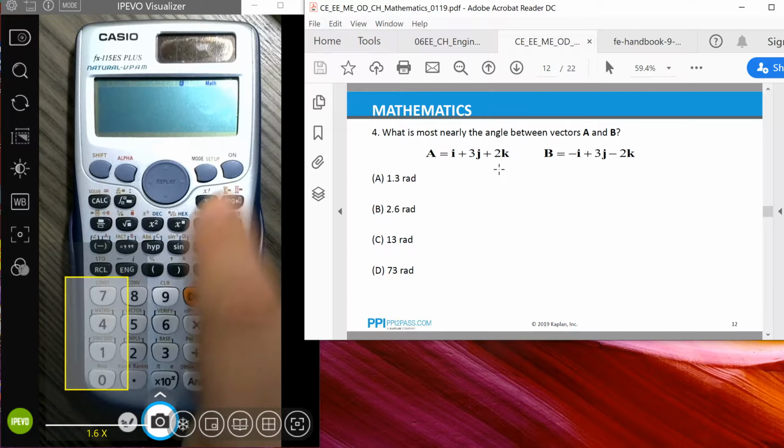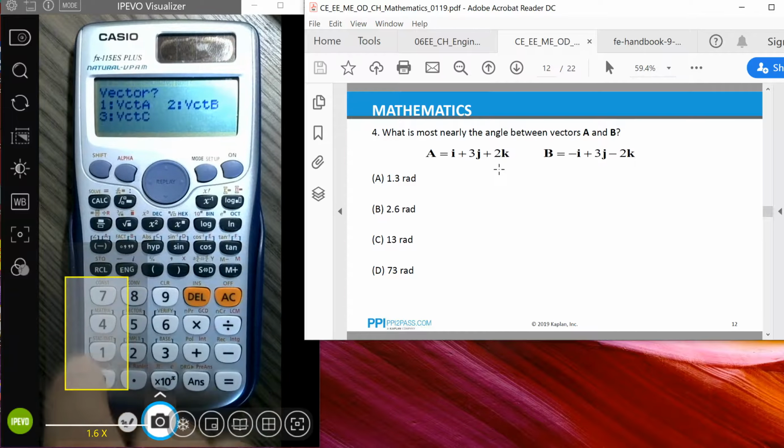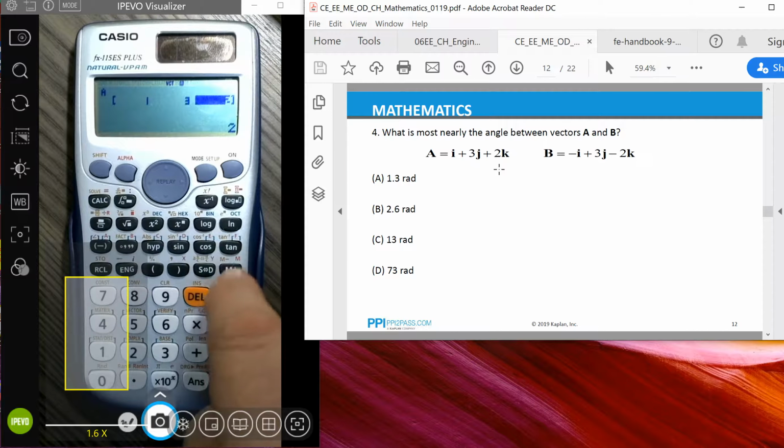So now, in order to do that, I go into mode, vector, number 8, vector A. It's a three-dimensional vector, IJK, so three-dimensional vector. And type in 1 equals 3 equals 2 equals. And I clear that.